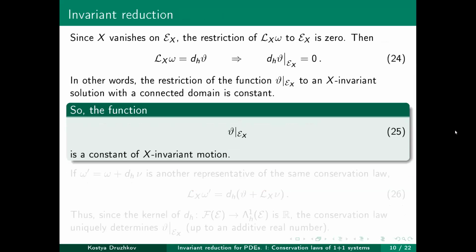Okay, let's discuss invariant reduction itself. Since X vanishes on epsilon X, the restriction of the Lie derivative to epsilon X is 0, then the fact that the conservation law is X-invariant implies that the restriction of this theta to epsilon X is horizontally closed. In other words, the restriction of this function to an X-invariant solution with a connected domain is constant.